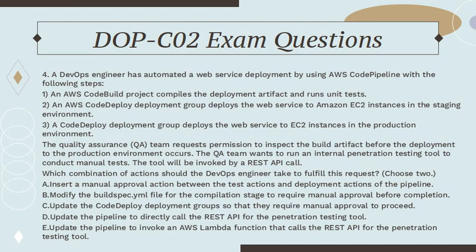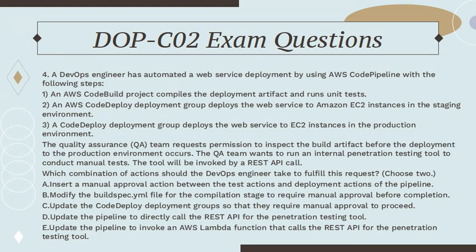4. A DevOps engineer has automated a web service deployment by using AWS CodePipeline with the following steps. 1. An AWS CodeBuild project compiles the deployment artifact and runs unit tests. 2.